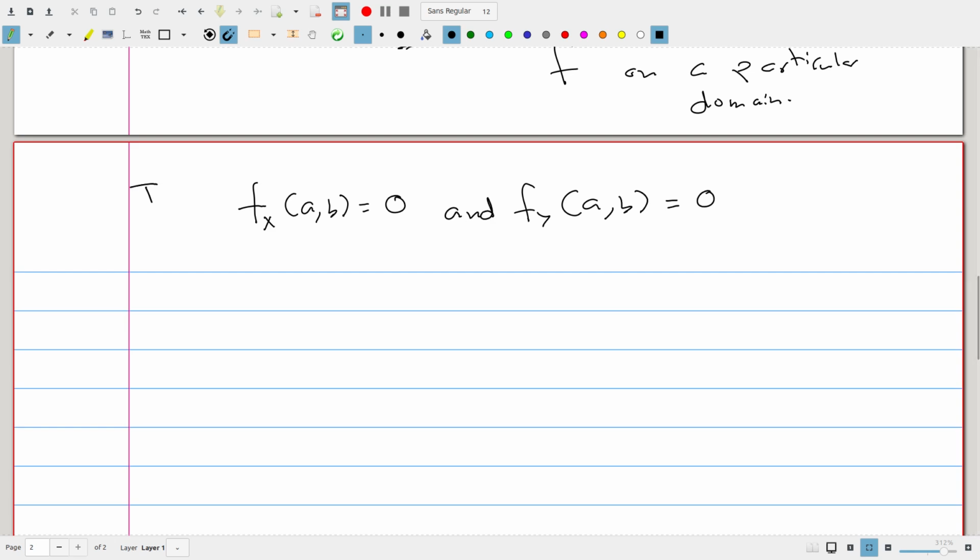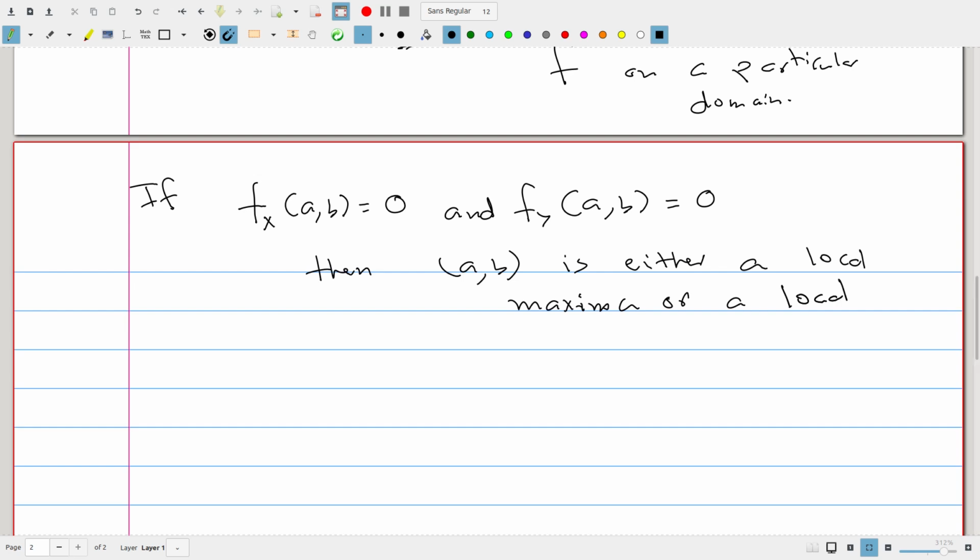If these two are equal to 0, then (a, b) is either a local maximum or a local minimum. These are plurals, actually. This is Theorem 2 from your book.